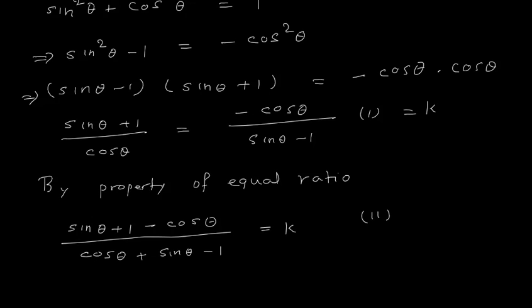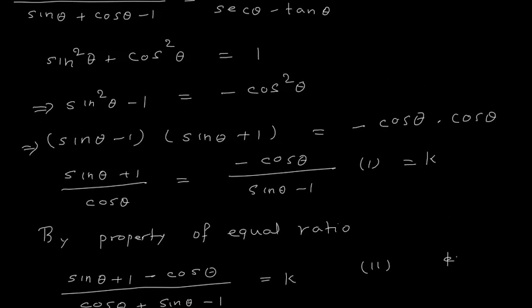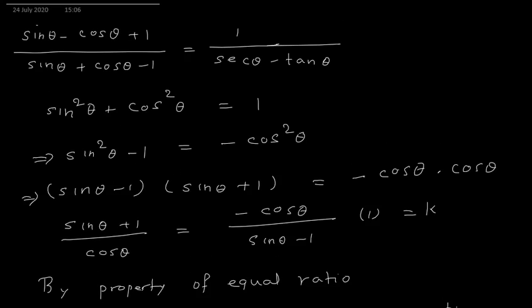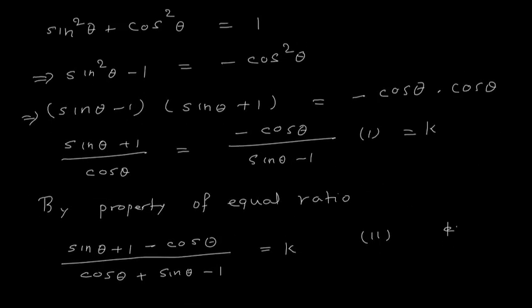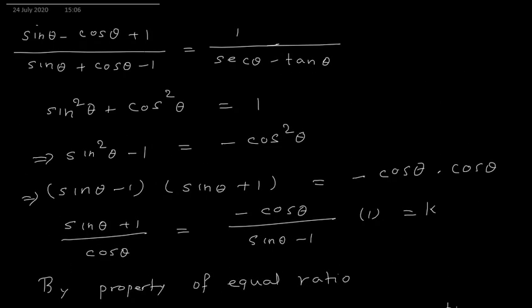This is the second equation. Okay, right? So if you see, sin theta minus cos theta plus 1 upon sin theta plus cos theta minus 1. We have got the left hand side.